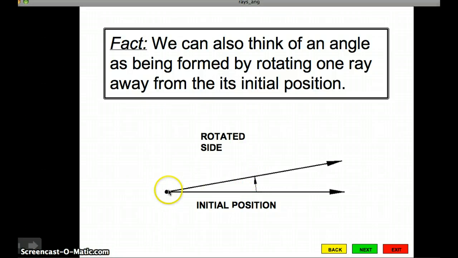A right angle is exactly 90 degrees, so this rotated side would be up here. An obtuse angle is between 90 and 180, so the rotated side would be over here. And a straight angle is directly straight, which would be 180 degrees. Go ahead and click next. Again, ask the students before if they have any questions.